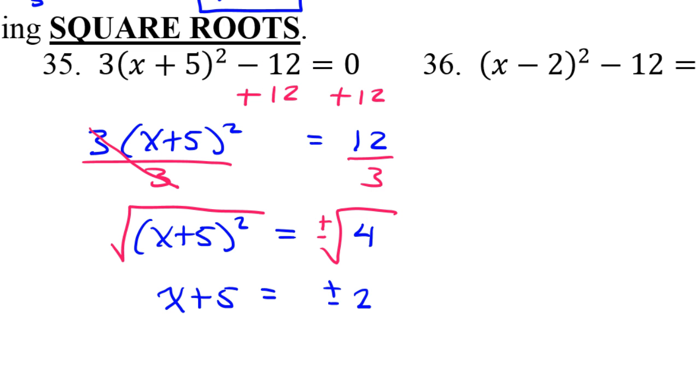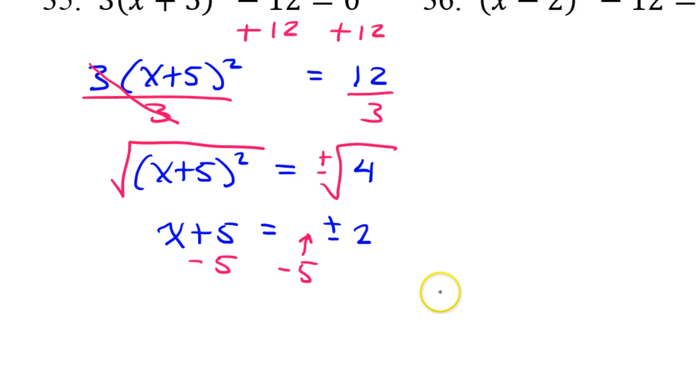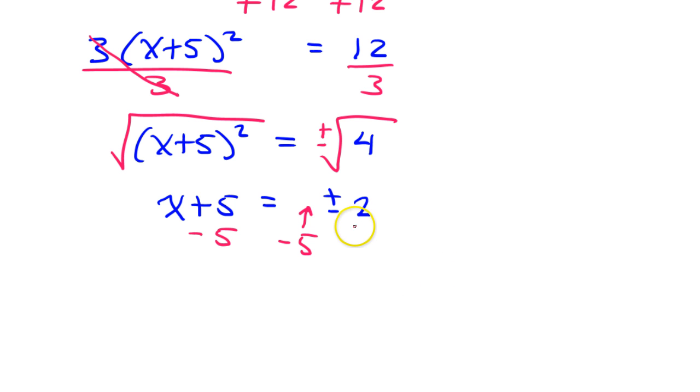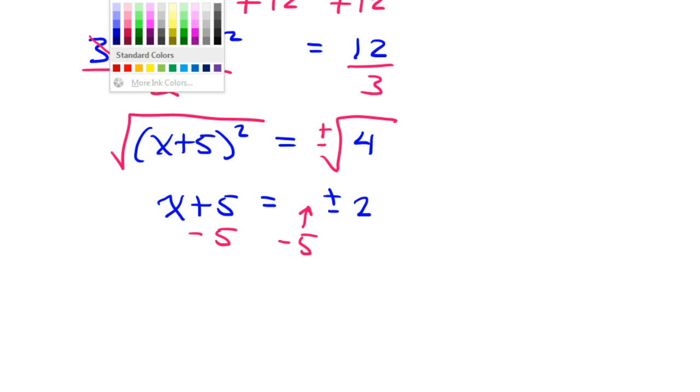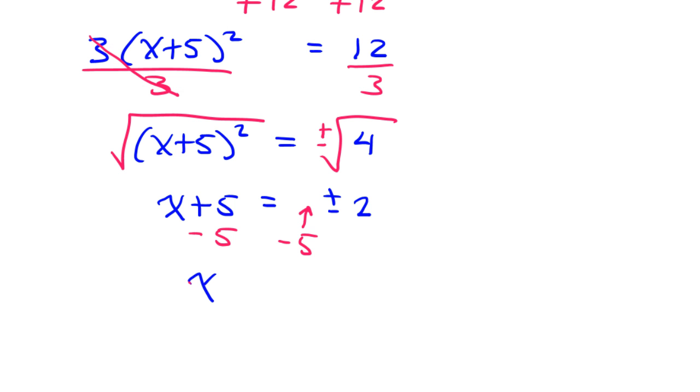Now I'm going to subtract 5 from both sides, and I'm going to put it in the front. Don't just say plus or minus 3. So I'm going to have negative 5 plus or minus 2.